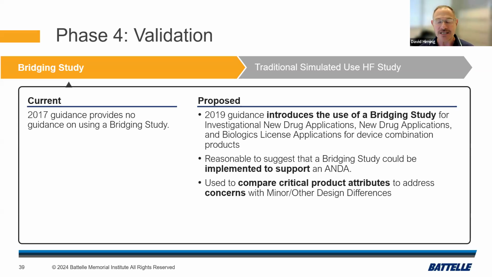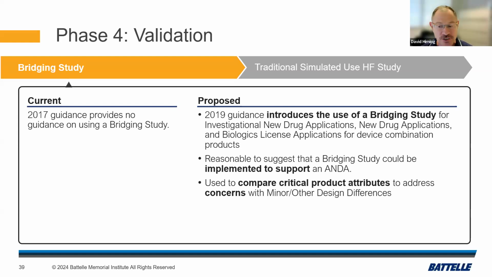The bridging study was specified in the 2019 guidance for investigational new drug applications and biologic license application for device combination products. It is reasonable to expect that a bridging study will also be implemented to support ANDA because of the previous history we have with the bridging study with the agency.